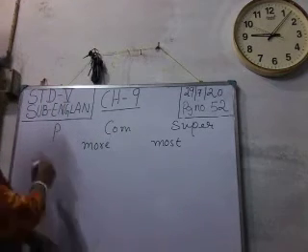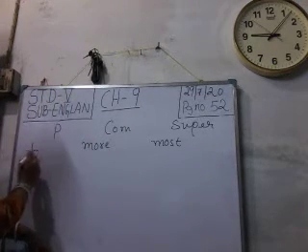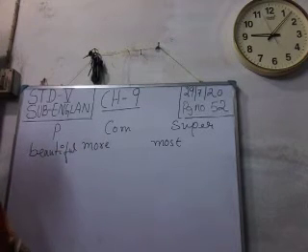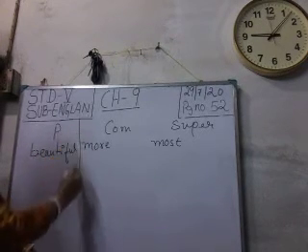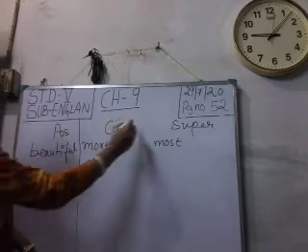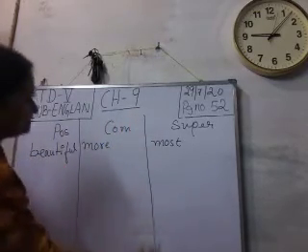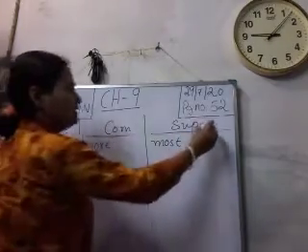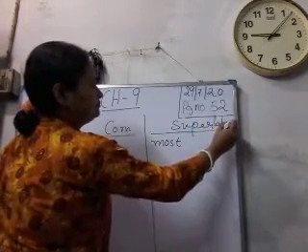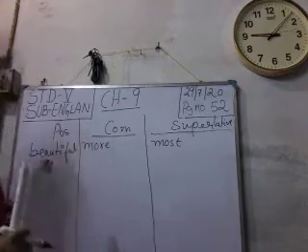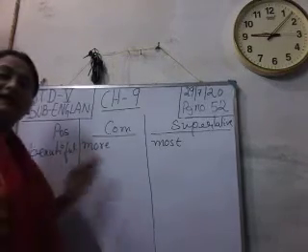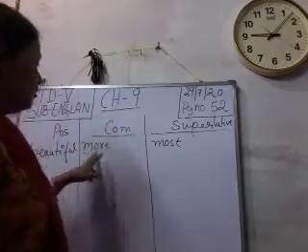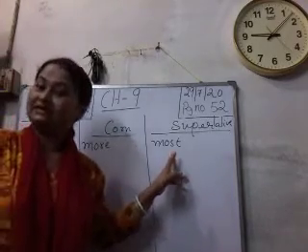Suppose the word is beautiful, B-E-A-U-T-I-F-U-L. Beautiful. This is positive, comparative and superlative. Now let me tell you when we have to use more and most with the comparative and superlative degree.